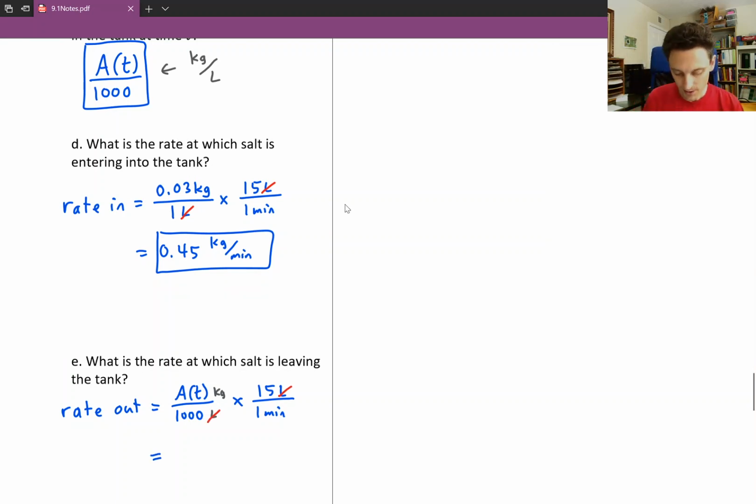Instead of A of t, I'm just going to use A. The 15 and the 1,000 are both divisible by 5, so we get 3A over 200, and the units are kilograms per minute.